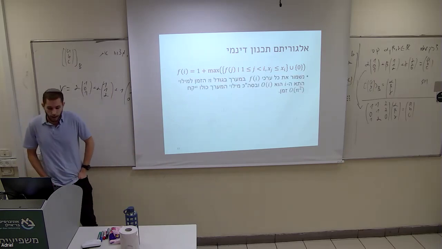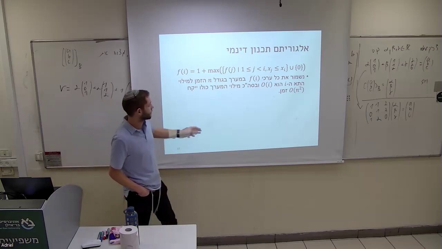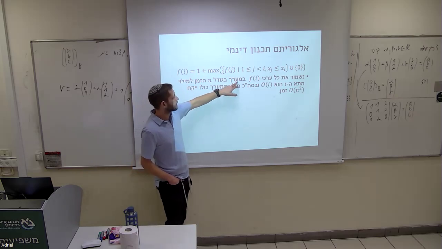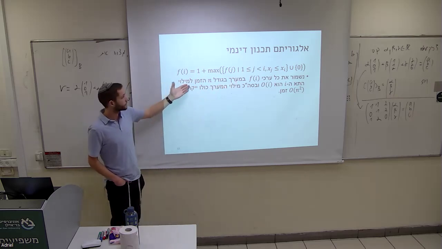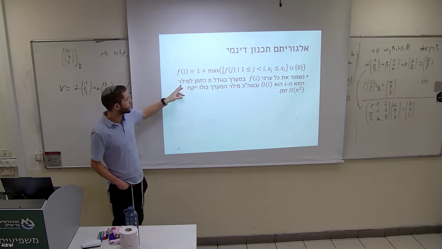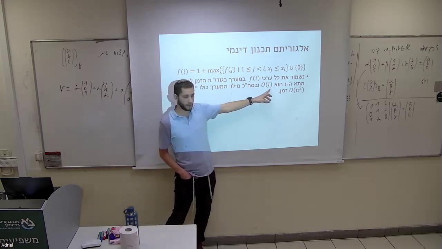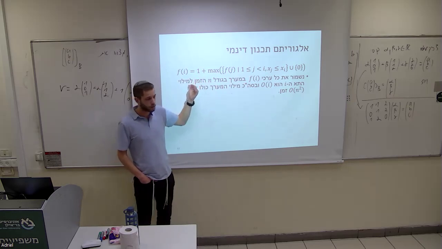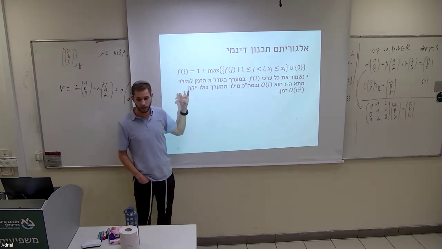Okay, so now we're going to see how we calculate f of I for every single one. We're going to keep all of f of I in an array the size of n. So the time to fill the ith cell is O of I. Why? Because the first cell is only based on one previous cell, right?